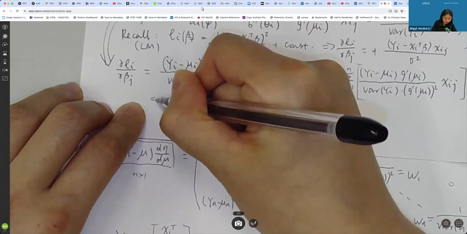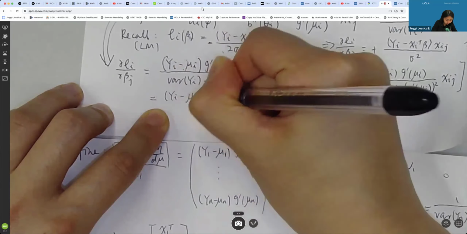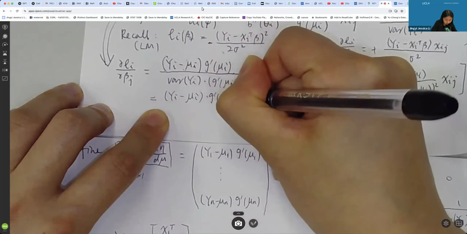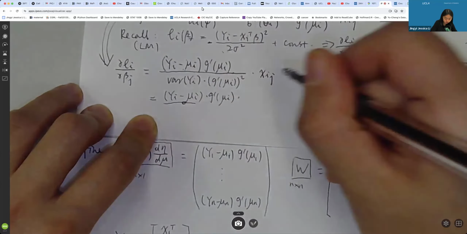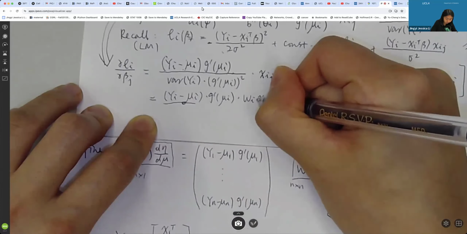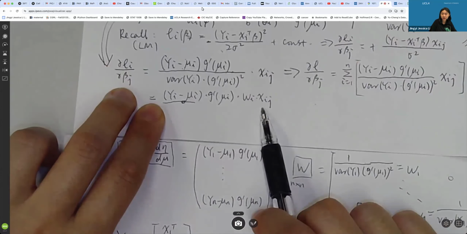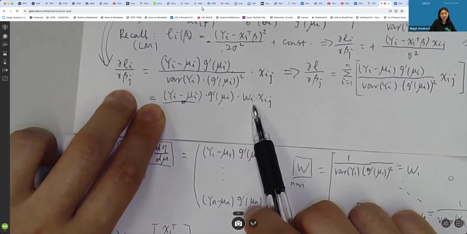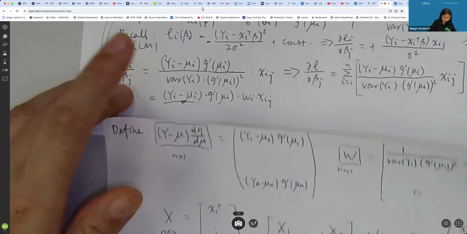Using the notation we defined on the next page, this can be written as yi minus mu i times g prime mu i, this stays, but the denominator we now change to wi, that's how we call the wi, and then xij. We can regard this as partial Li partial beta j to start with, and we then take another derivative with respect to beta k.